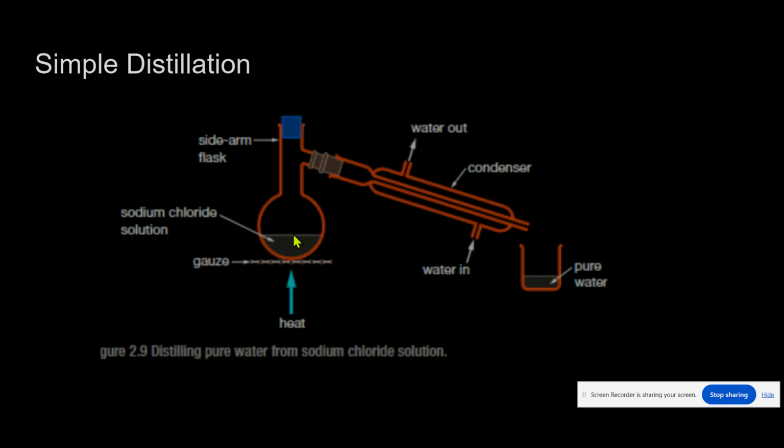This is our solution, and we're trying to get pure water. Before, we were trying to get the salt that's left over, but now we're trying to get the water. So we still need to evaporate the water, but we need to condense the water back to liquid form to get the water back.